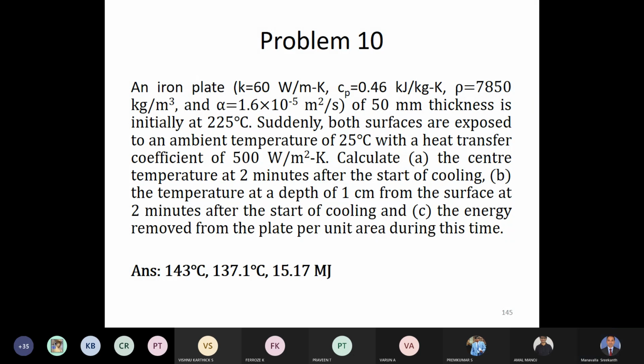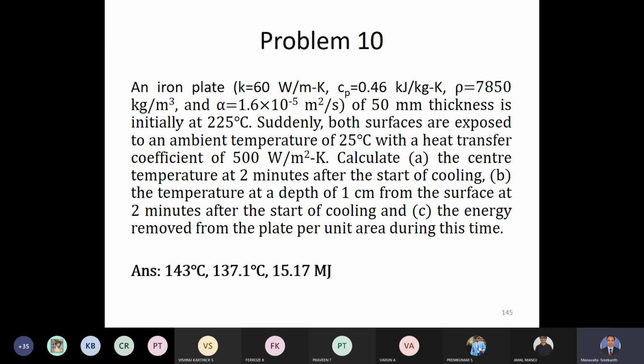Calculate the center temperature at 2 minutes after the start of the cooling. Then B, the temperature at a depth of 1 centimeter from the surface at 2 minutes after the start of cooling. Then the energy removed from the plate per unit area during this time. Energy removed means heat energy removed. In heat transfer, energy means only heat energy. So there are three questions.